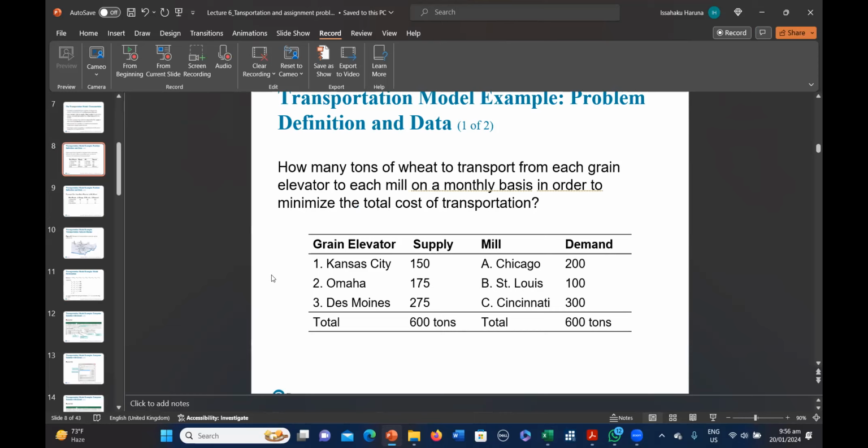Now, if you look at the question, it means that all the supply combinations we will do to the various destinations must be equal to the respective supplies.